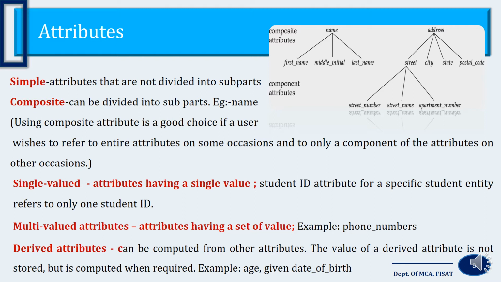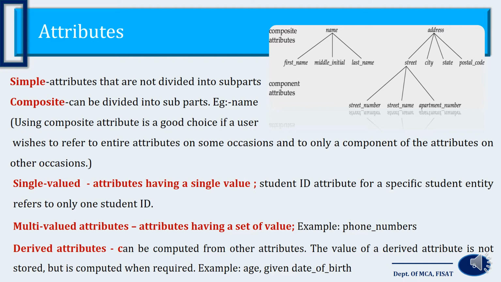The attributes that can be divided into subparts are called composite attributes. For example, the name can be divided into first name, middle name, last name, etc. Another example is address: street, city, state, right? Again, the street can be divided into street number, street name, apartment number, etc.